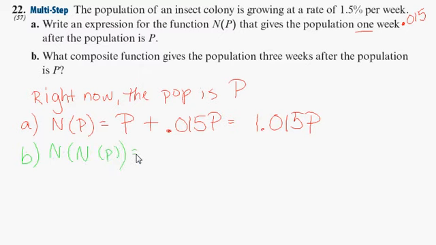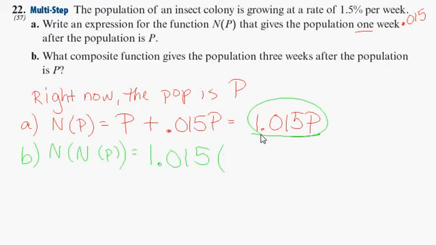Well, if the first week the population was 1.015p, and that's what the population was the first week, then it's still growing at this rate. So that means that we have this, and we're plugging this into the p function.